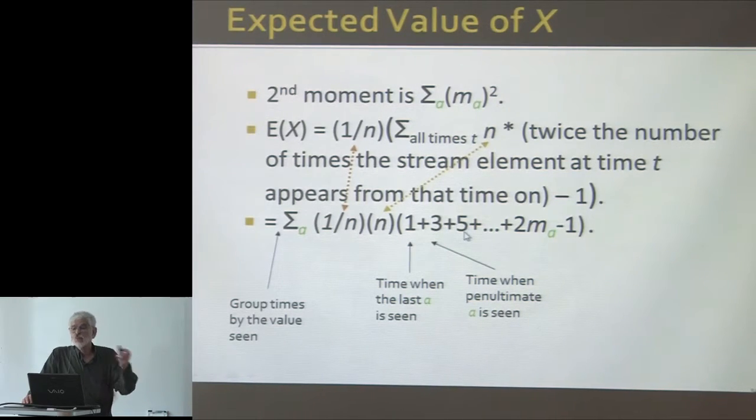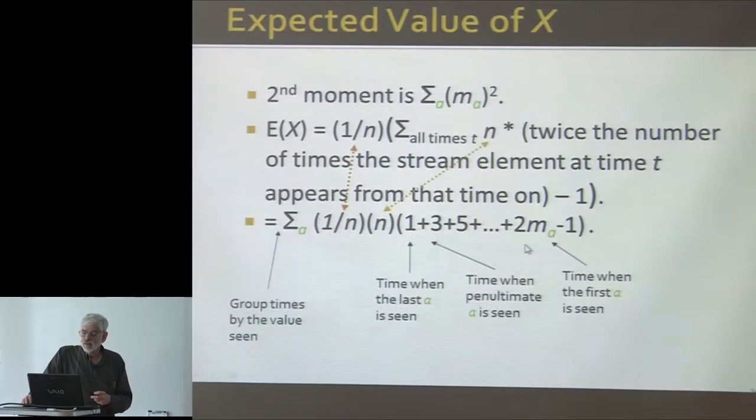Then the 5 will be for the third from last time that A has appeared, so it's 2 times 3 minus 1 is 5. And so on. And then the 2MA minus 1 is for the first time A appears. Because from that time on, all M sub A occurrences will be at that time or later. So it's twice MA minus 1.